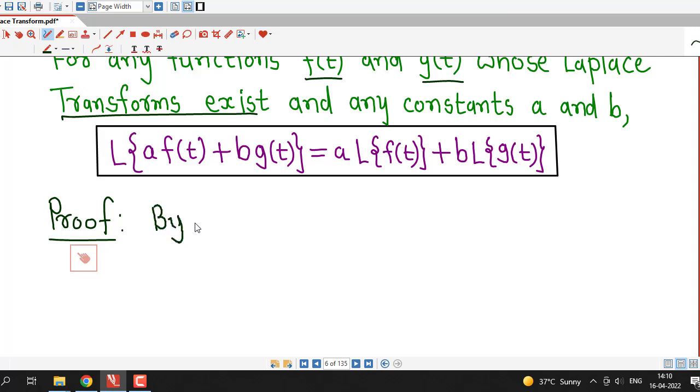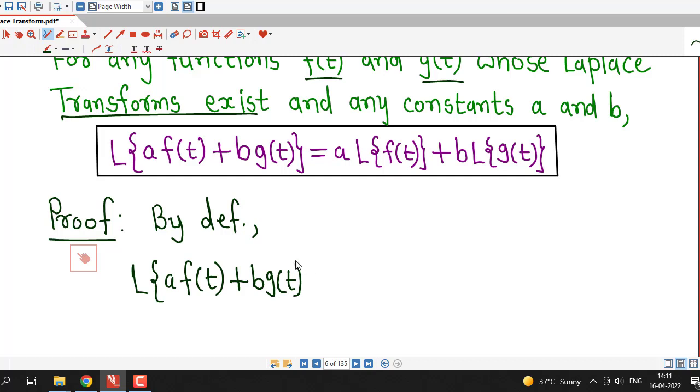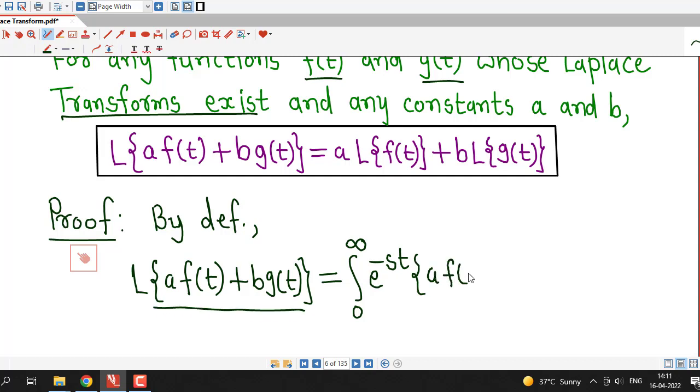So we start from the left hand side, and by the definition of Laplace transform we can write the Laplace transform of a into f of t plus b into g of t equal to the improper integral from 0 to infinity of e raised to minus st times this function, a into f of t plus b into g of t.